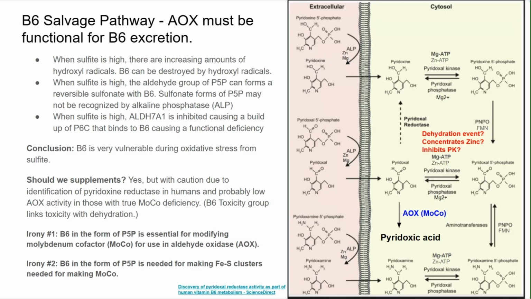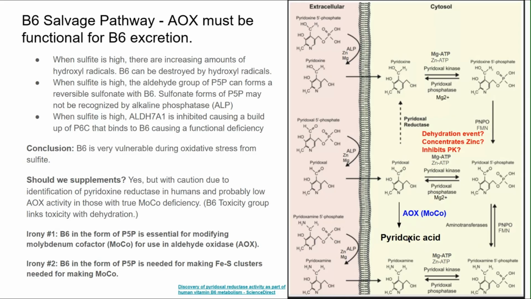So yeah, you could see maybe if the cell became super concentrated because someone is dehydrated, then this enzyme would not work well. And then the pyridoxal form of B6 will build up. And then that can be excreted. If there's enough Moco, you can turn it into pyridoxic acid.